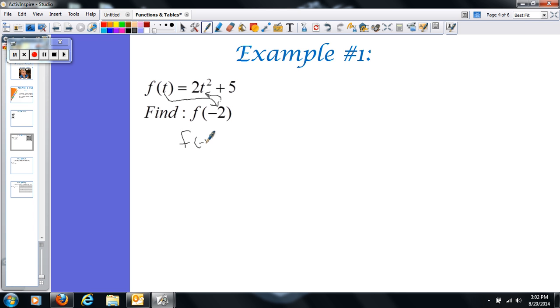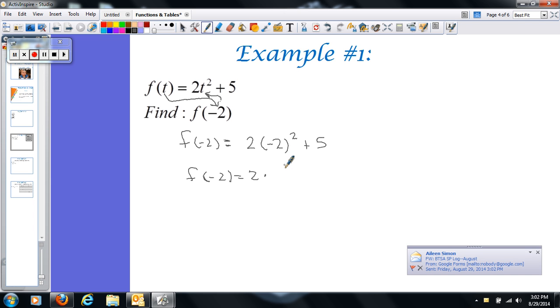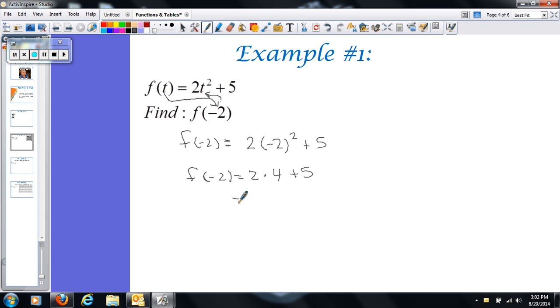To find f of negative 2, that's going to be 2 times, where the t is I'm going to replace it with the negative 2, squared, plus 5. Now you're just going to simplify. So f of negative 2 equals 2 times negative 2 squared, which is 4, plus 5. 2 times 4 is 8, plus 5, giving you f of negative 2 equals 13.